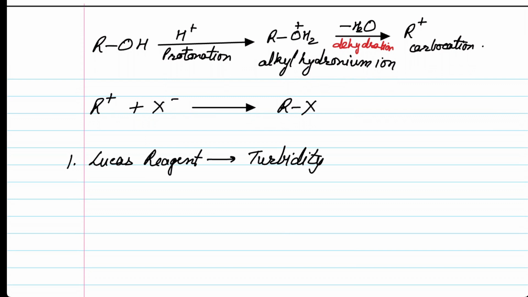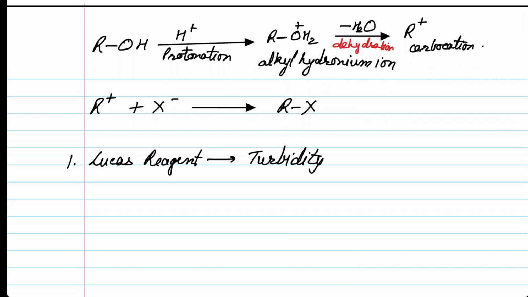These carbocations are extremely stable and therefore they are formed immediately. So if we have Lucas reagent and we add alcohol to it dropwise, then the moment the alcohol touches the Lucas reagent, it is going to give a turbidity. So that would be with the tertiary alcohol, allyl alcohol, or benzyl alcohol.